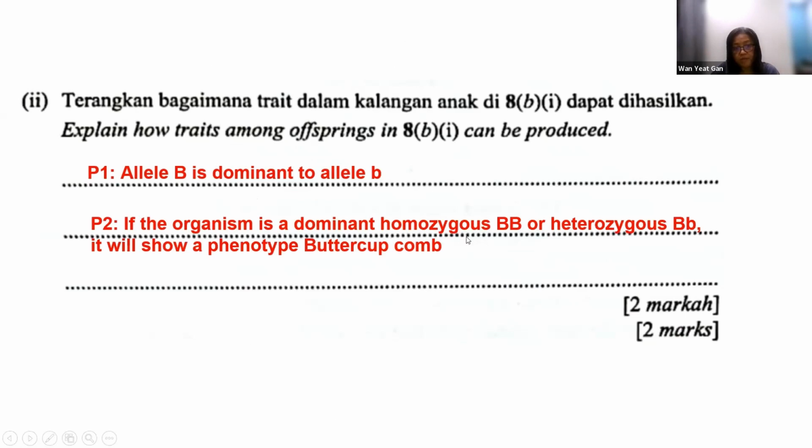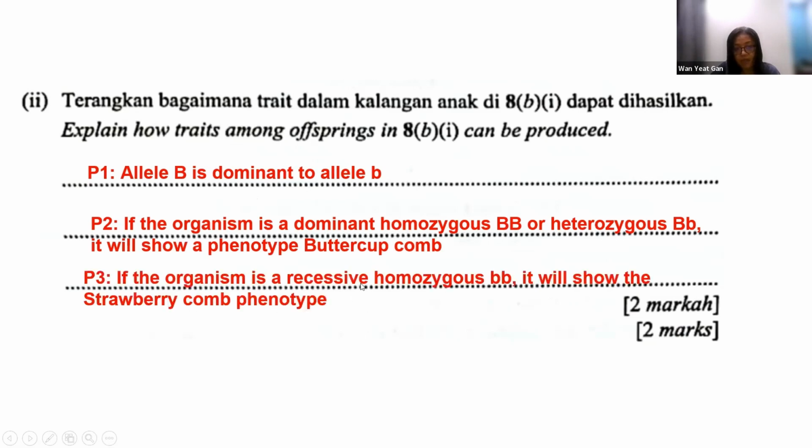So if the organism is dominant homozygous or heterozygous, Bb, it will show a phenotype of buttercup comb, definitely, because it carries a dominant allele. If the organism is recessive homozygous, small b small b, it will only show strawberry comb phenotype, okay? It will not show a buttercup comb. So that is how the traits are being inherited.